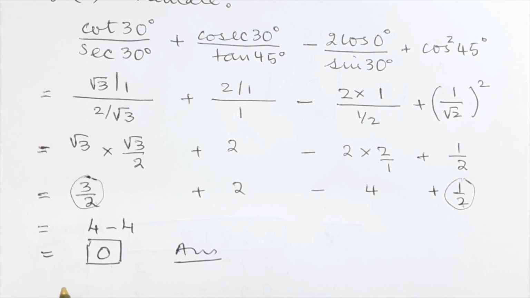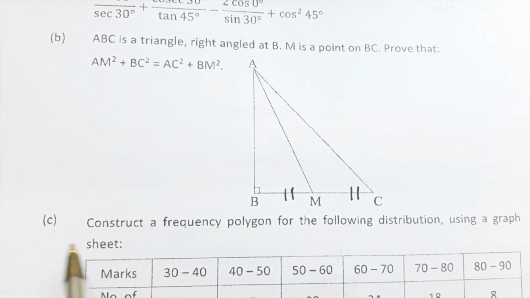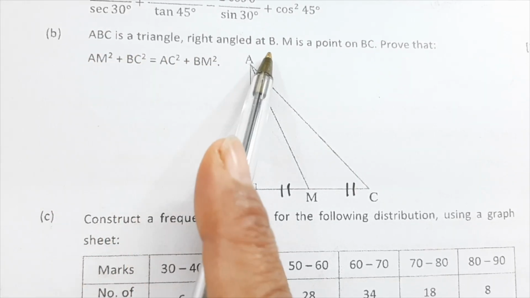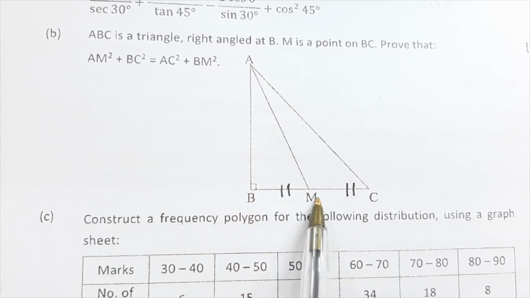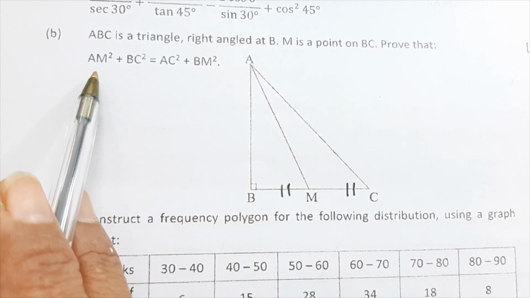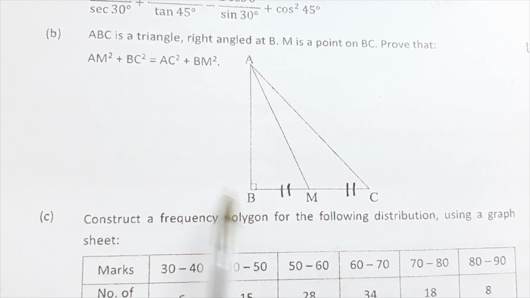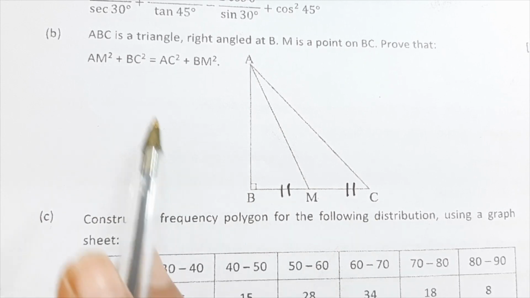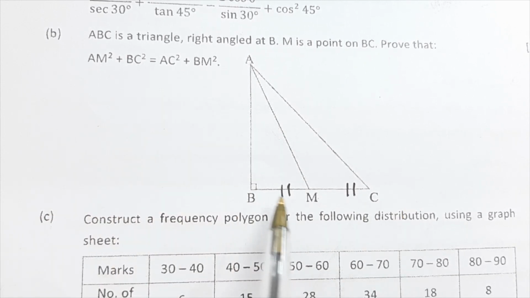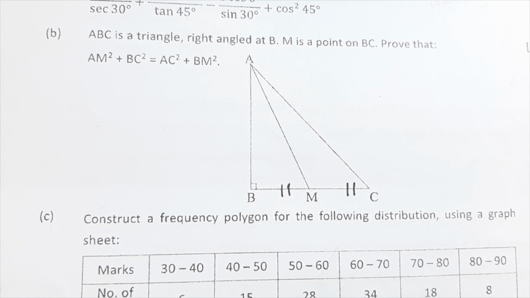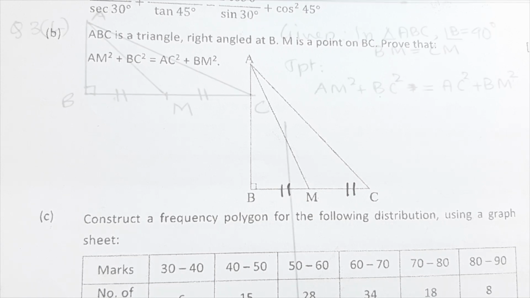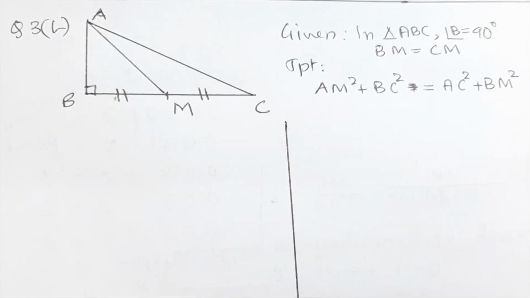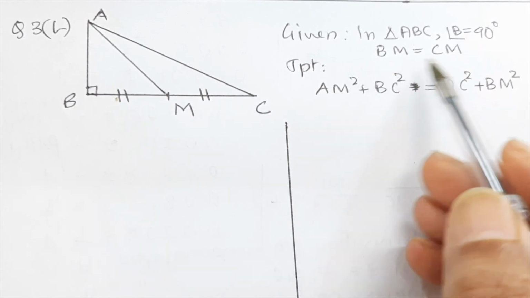Now let us come to 3b. Question 3b. Triangle ABC is right angled at B. M is the midpoint of BC. Prove that AM square plus BC square is equal to AC square plus BM square. Let us draw the diagram and then we'll start solving it. So we have drawn the diagram and we have written what is given over here.